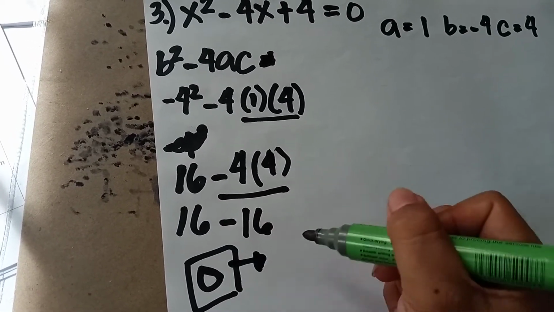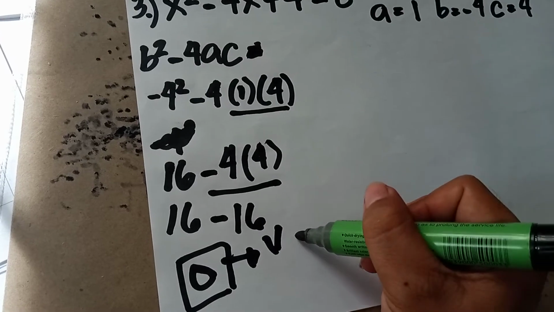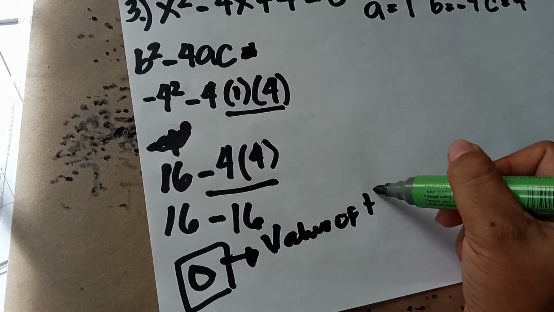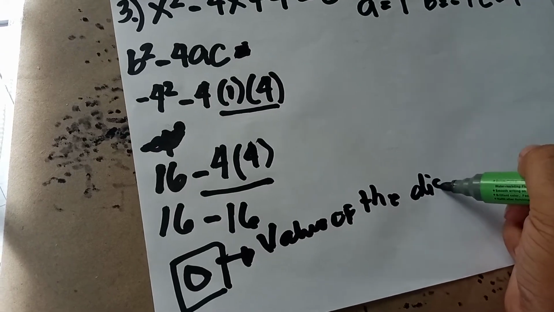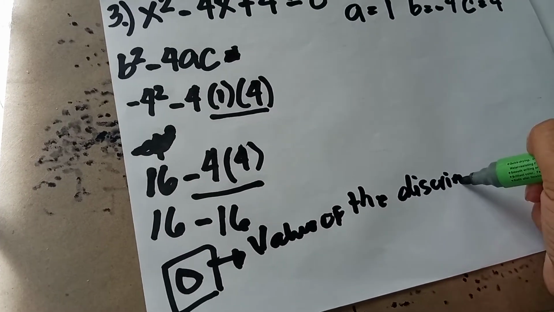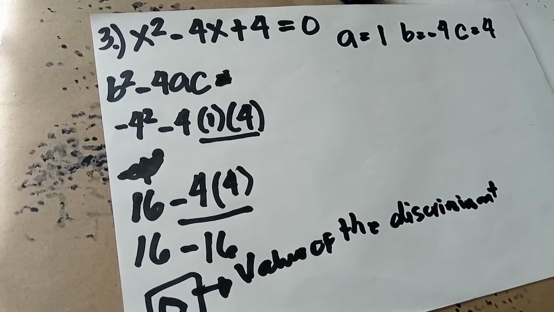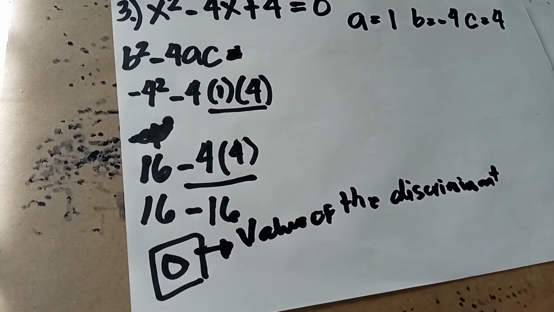This is our value of the discriminant. The value of the discriminant is 0.